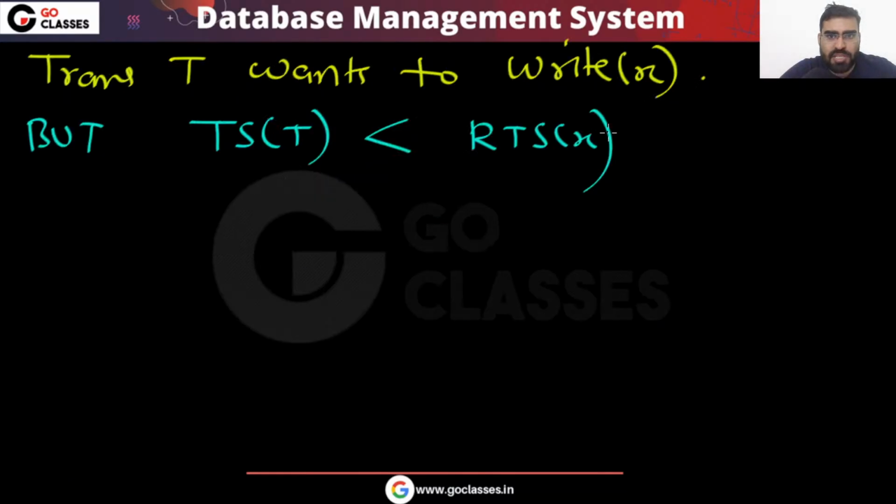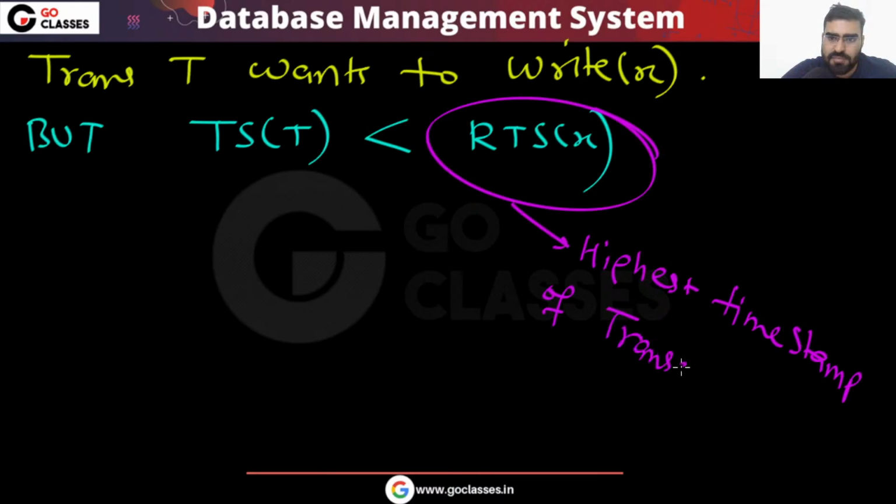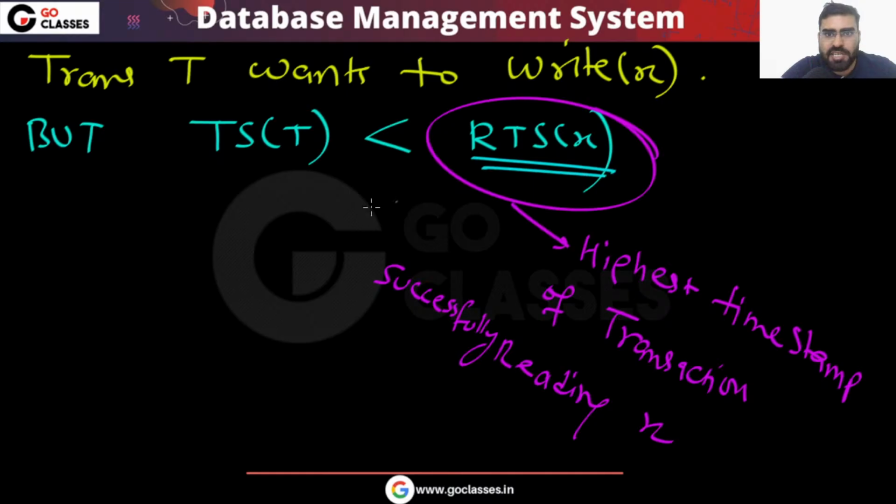First of all, what does this mean? This is the highest timestamp of a transaction successfully reading X. This is your RTS, the read timestamp of X.